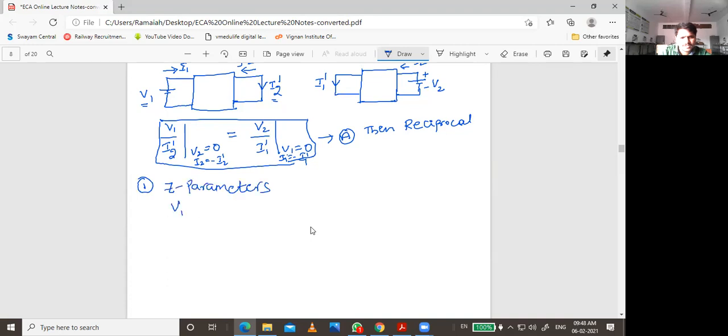Z parameter equations: V1, V2 are functions of I1, I2. V1 equal to Z11 I1 plus Z12 I2, equation number 1. V2 equal to Z21 I1 plus Z22 I2, equation number 2.